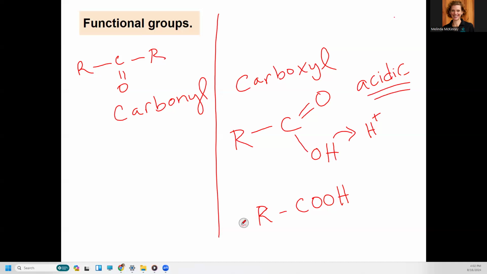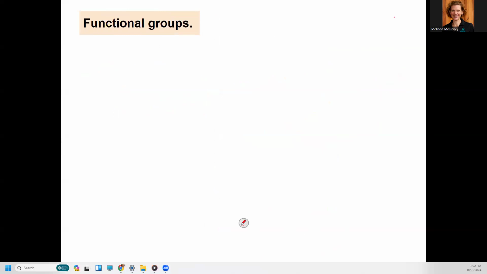So carboxyl is acidic. The next functional group is an amino. So an amino, we've got R bonded to a nitrogen, which is bonded to 2 hydrogen atoms. Okay. So it's called amino, and that refers to the nitrogen. You could also write it as just RNH2.